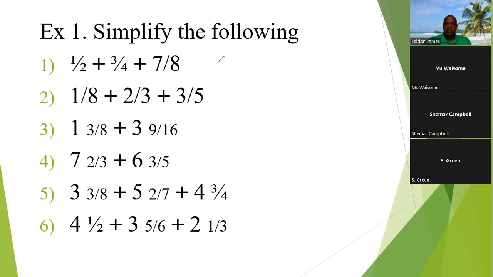Sir, before you leave, any word on the SBA topics as yet? If you go into the SBA options on the website, the topics are already there. What will happen is I'll put you in groups, because for SBA we cannot have more than 5 persons to a group.